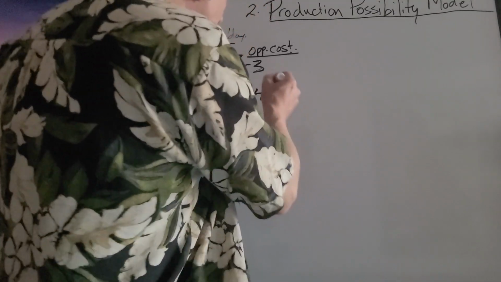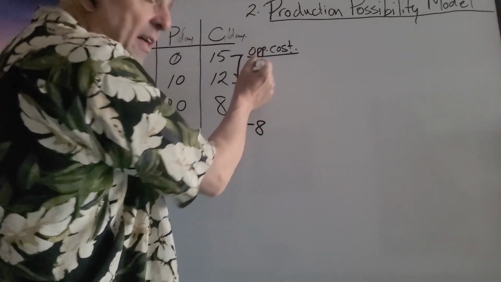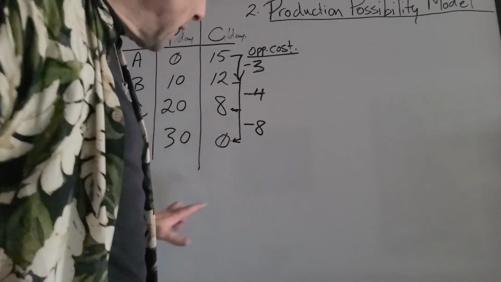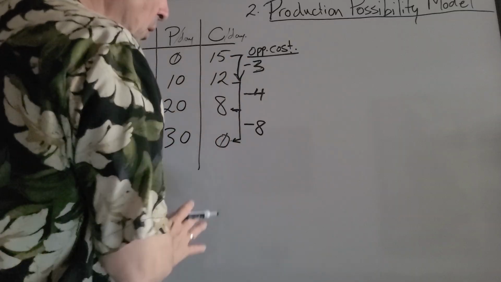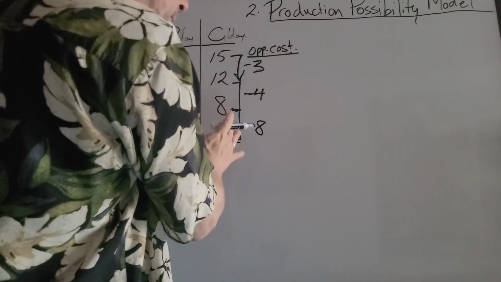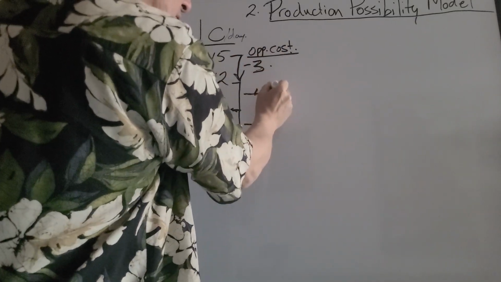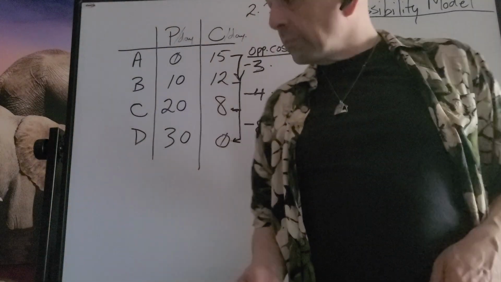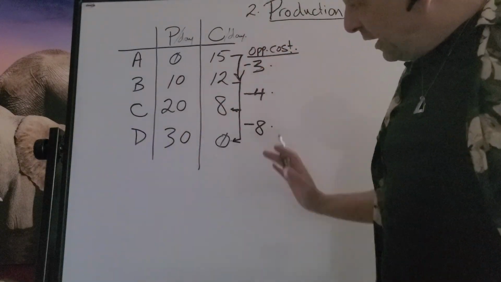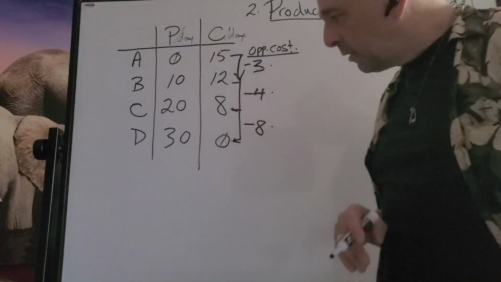So what we see here is that right now, already from our model and from our data, from this table, we can already see that the opportunity cost is increasing as we go along. There's an increasing opportunity cost here.